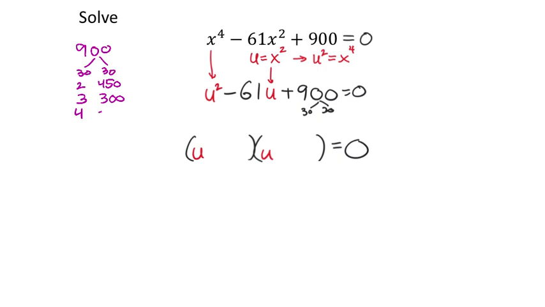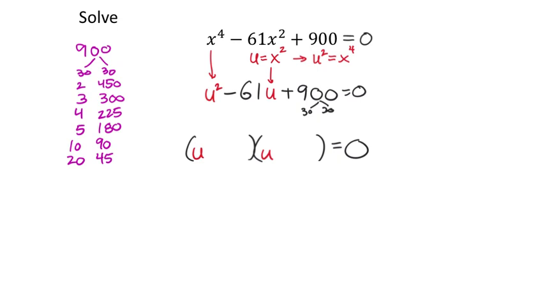I'm using the calculator for this. If I divide by 5, I get 180. Of course, none of these work. If you added these even as negatives, they wouldn't get you to negative 61. That'd be too high. I'm going to skip the 10, so 10 and 90. Getting a little closer to 30 and 30. What about 900 divided by 20? Let's try that. So I got 20 and 45.